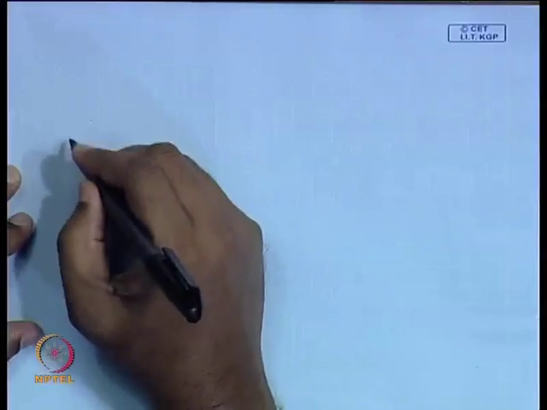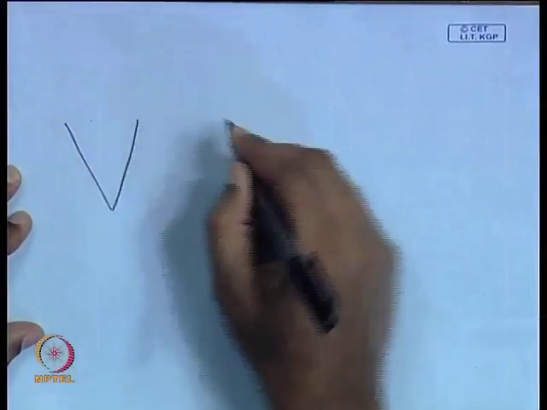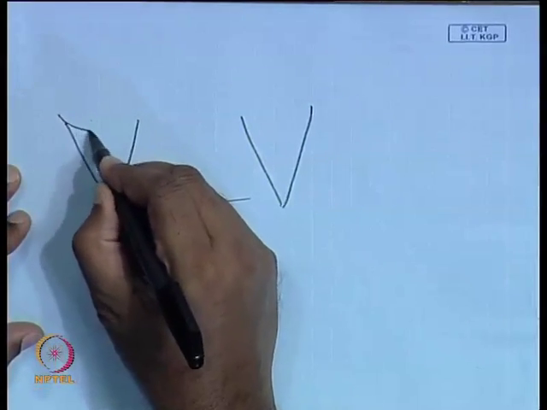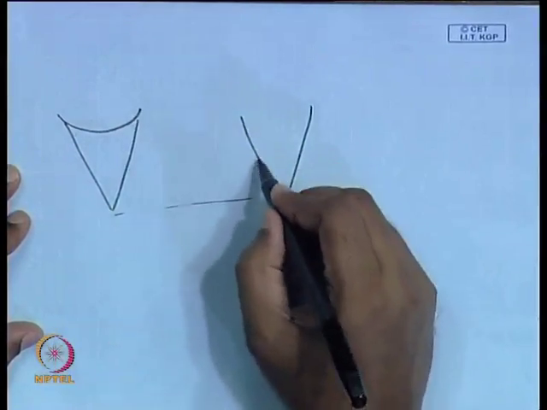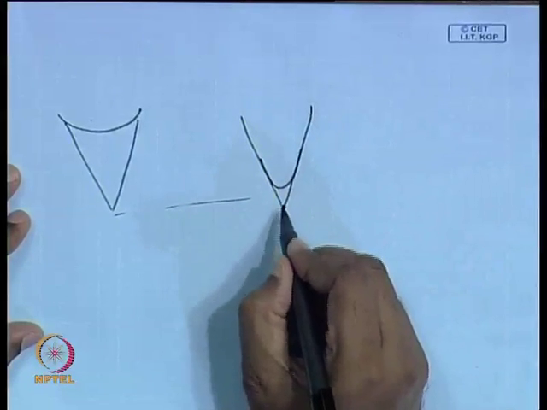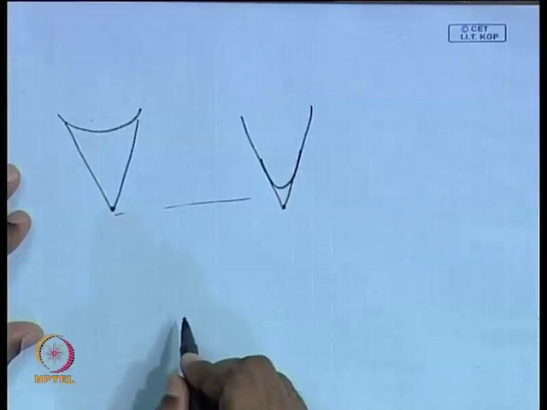So, let us say we are discussing two ends of the heat pipe which are connected; over here it is almost filled with the liquid, and towards the hot end it is depressed towards the apex of the groove.